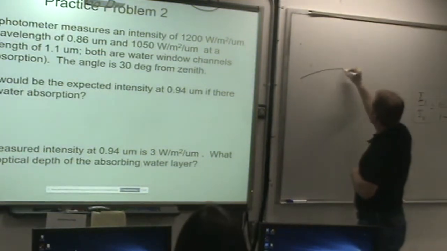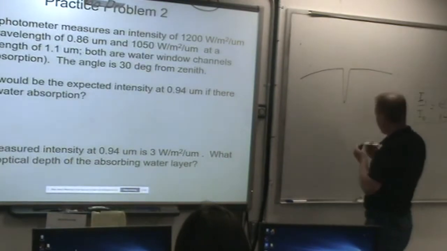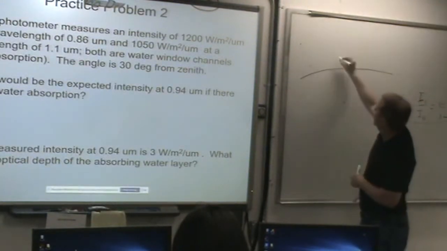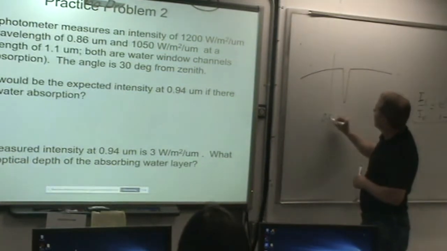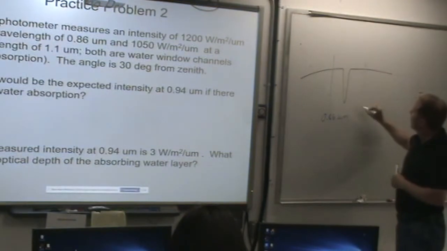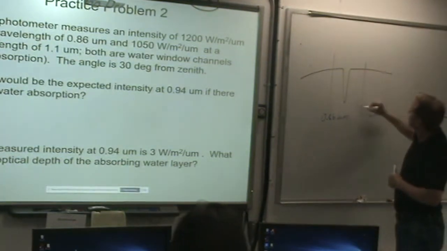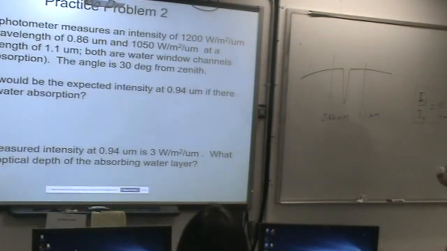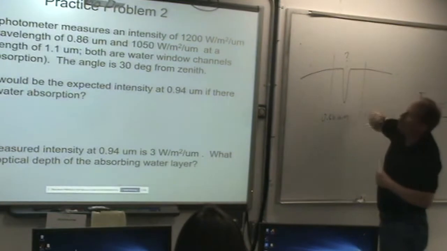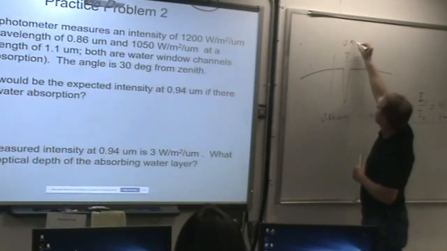We have something that goes like this, and then there's an absorption like that. Now, we have a couple of wavelengths. We have 0.86 microns, we have 1.1 microns, and we want to figure out what is going on here, which is eventually going to be 0.94.